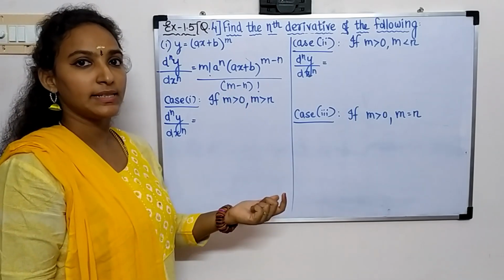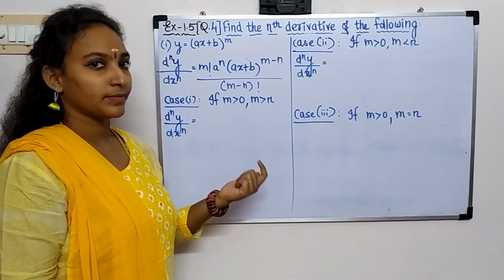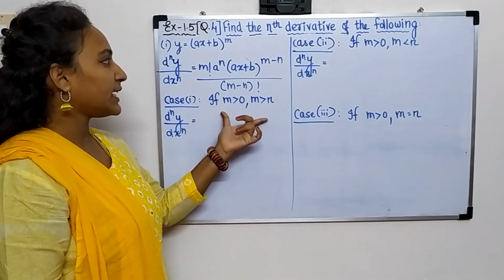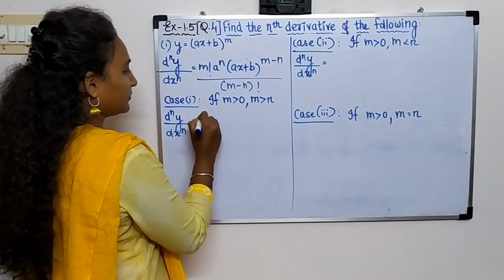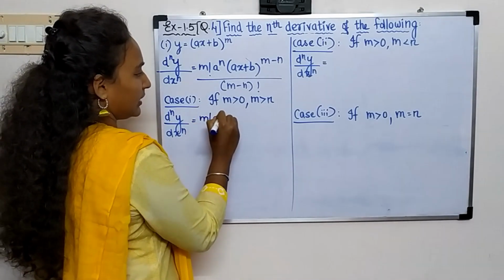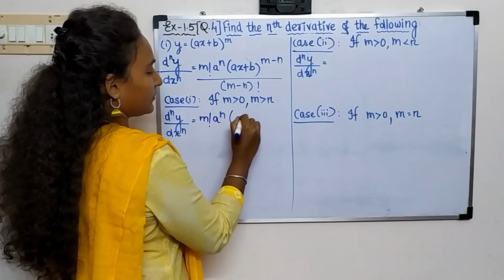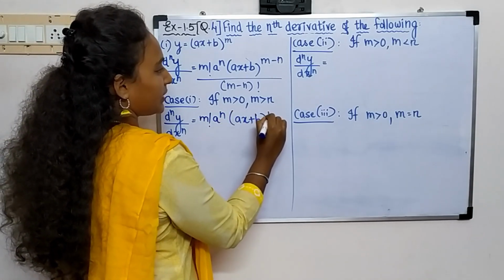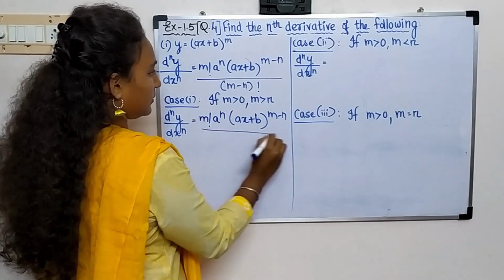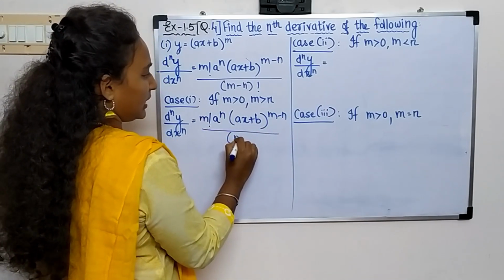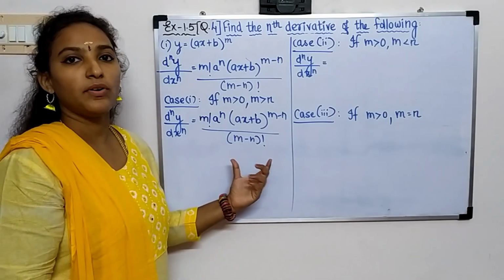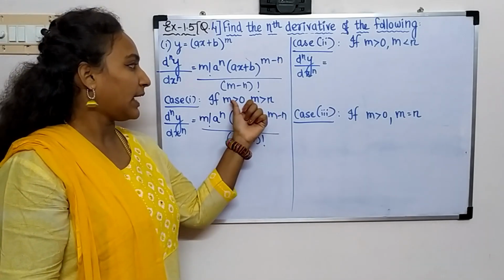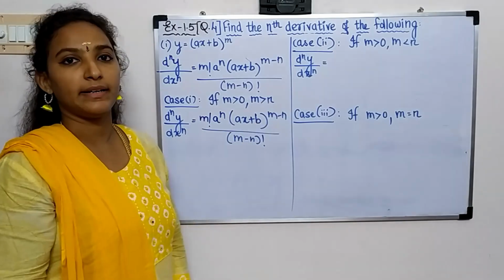That is one number less, or 3, 2 and so on. So for this case, we can write the derivative as it is. It will work. M factorial a power n ax plus b raised to m minus n upon m minus n factorial. Okay. This you can apply for any m greater than 0 and m greater than n.